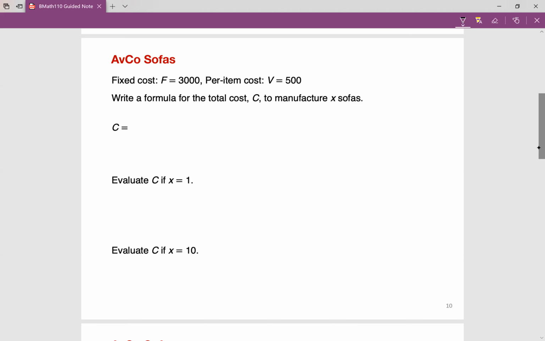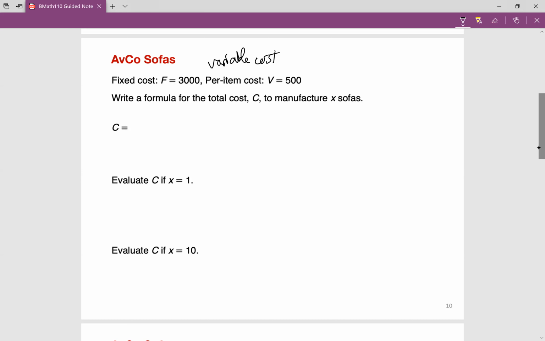In this class, we denote the fixed cost by F equal to 3,000, and per item cost, or sometimes called variable cost, because this cost is changing, right? Or per item cost is denoted by V equal to 500.